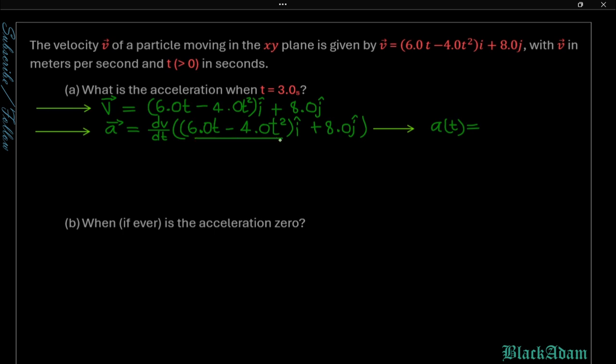So the acceleration as a function of time is going to be 6.0 minus 8.0t, because remember, 2 times negative 4 is negative 8.